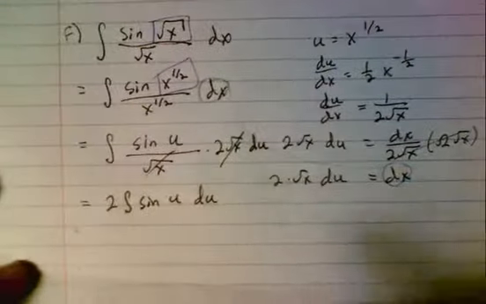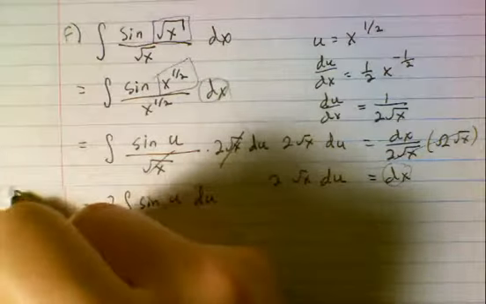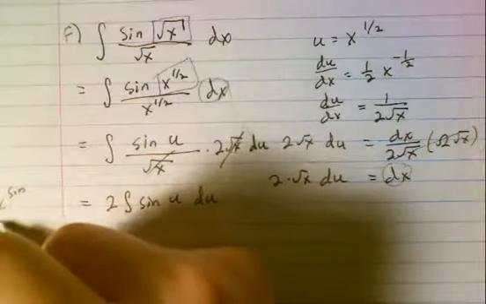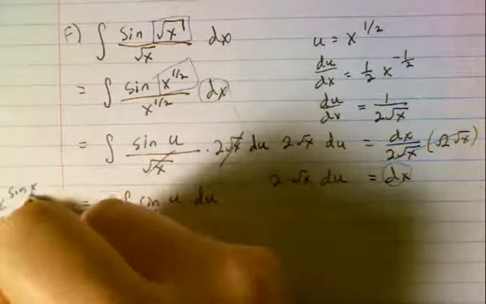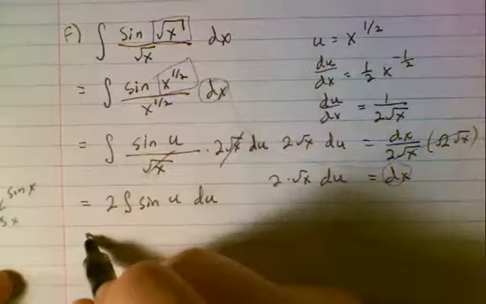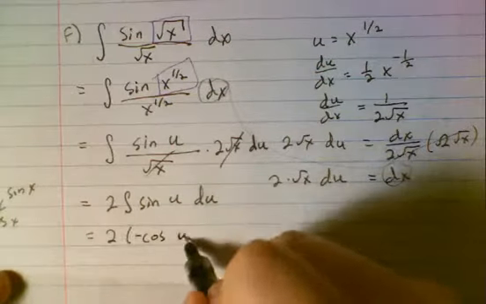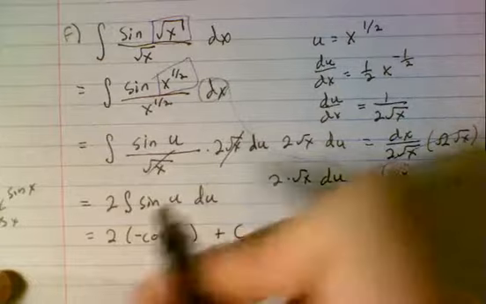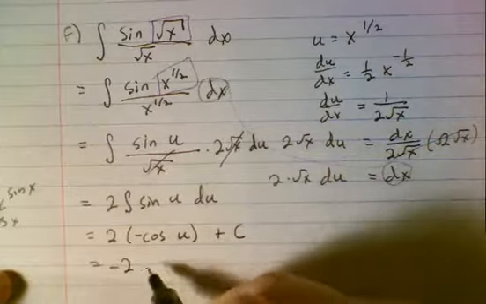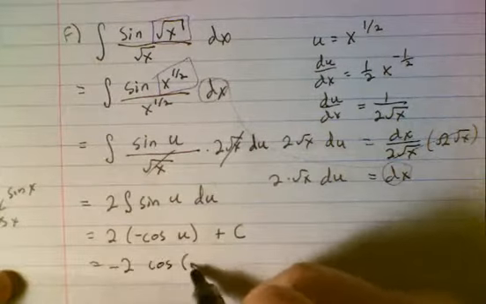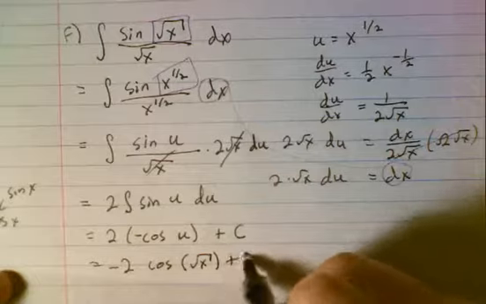Now when we're doing this antiderivative, we're going the other way, so sine goes to negative cosine. So we've got 2 times negative cosine of u plus c. Negative 2 cosine, let's put u back, that's the square root of x, plus c.